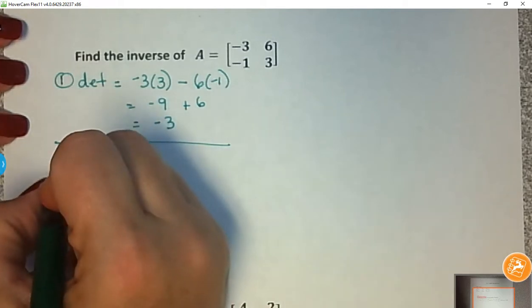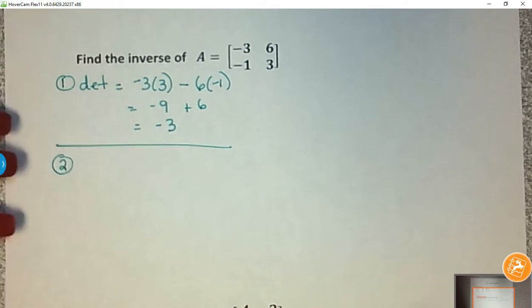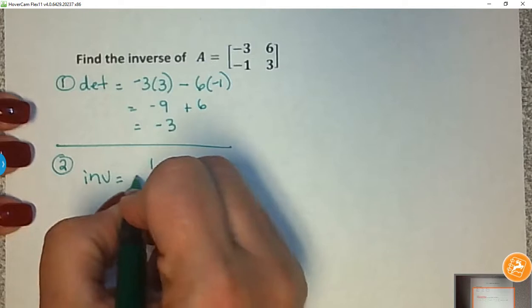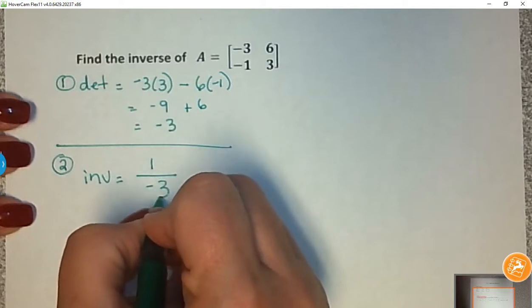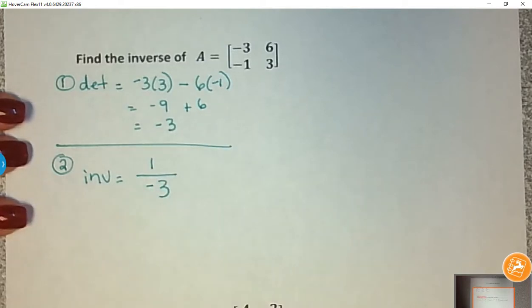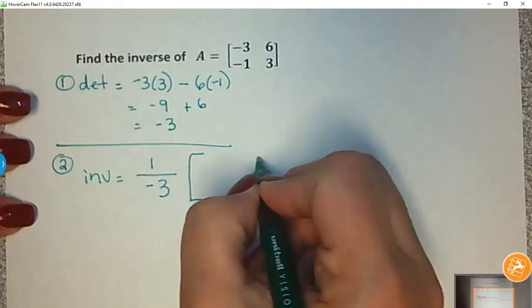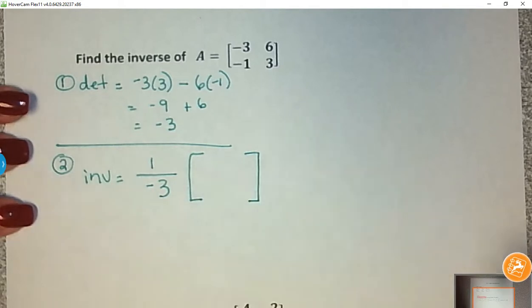So now that we're done with that, I'm actually going to find the inverse. Remember, your inverse is 1 over that determinant. So I start out with 1 over -3. And now I want to rearrange things in my matrix.